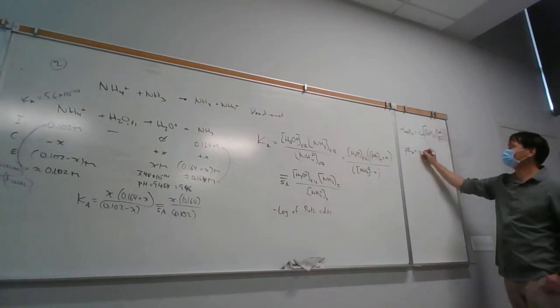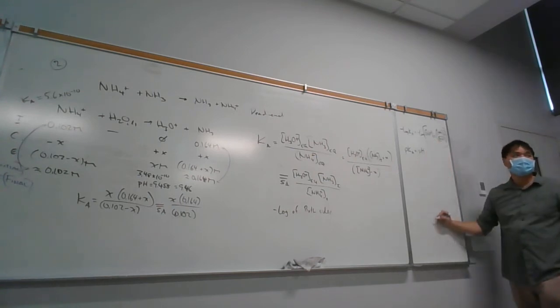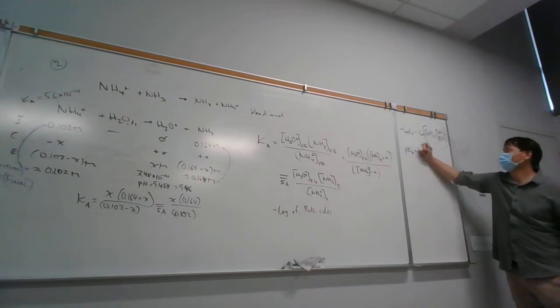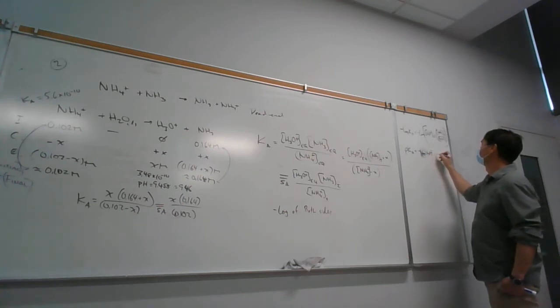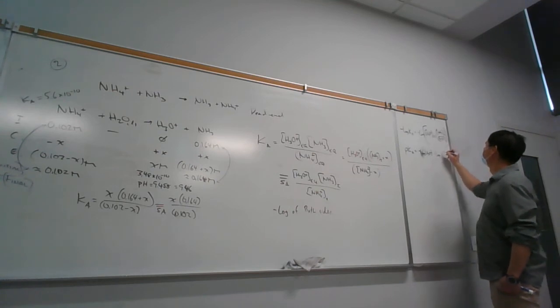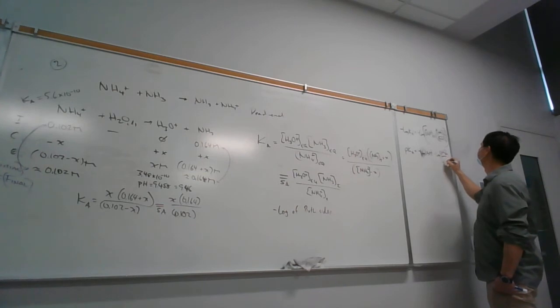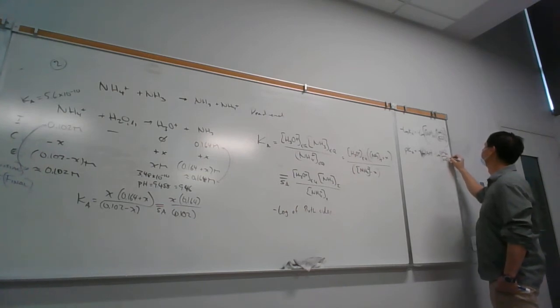Not the pKb, but the power of the hydronium, pH. So I'm going to get the negative log of hydronium plus the negative log of ammonia initial over ammonium initial.